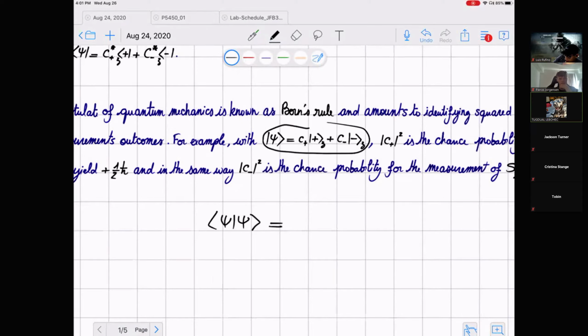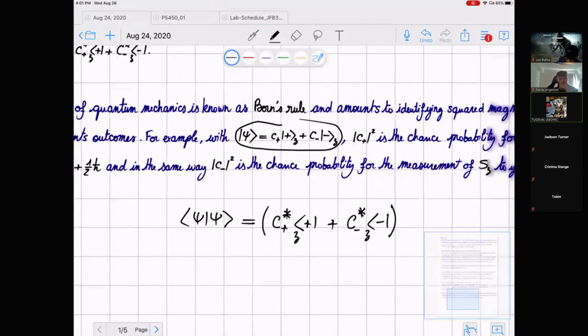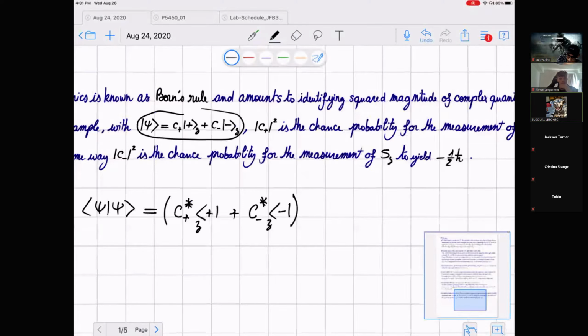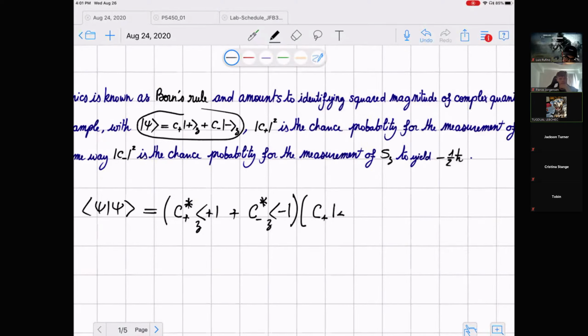That's going to be equal to, maybe I'm going to write, c plus star times the bra plus sub z, plus c minus star times the bra minus sub z, multiplying psi, the ket, which is c plus times the ket plus sub z plus c minus times the ket minus sub z.